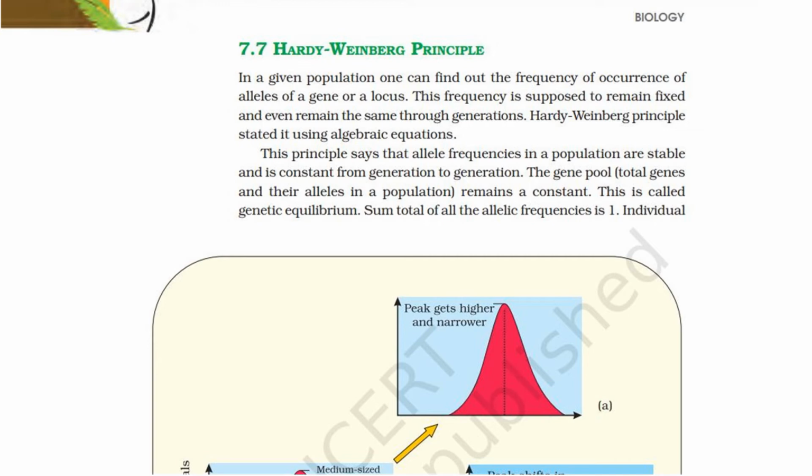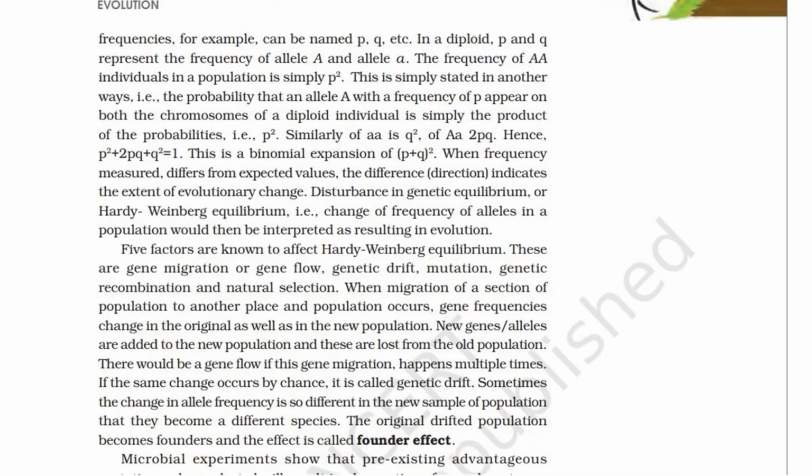Sum total of all the allelic frequencies is 1. Individual frequencies, for example, can be named p, q, etc. In a diploid, p and q represent the frequency of allele capital A and allele small a. The frequency of capital A individuals in a population is simply p squared. This is simply stated in another way, that is, the probability that an allele capital A with a frequency of p appears on both the chromosomes of a diploid individual is simply the product of the probabilities, that is p squared.